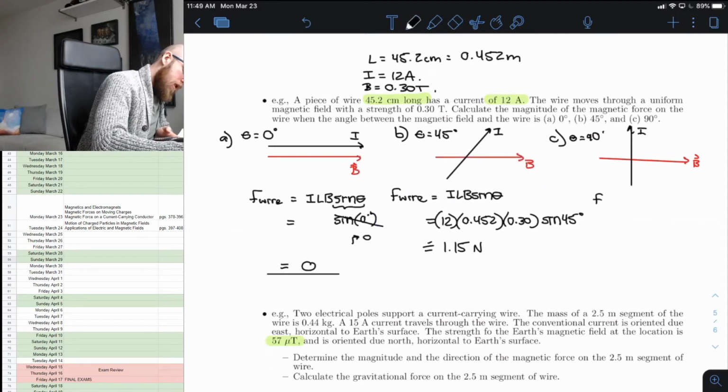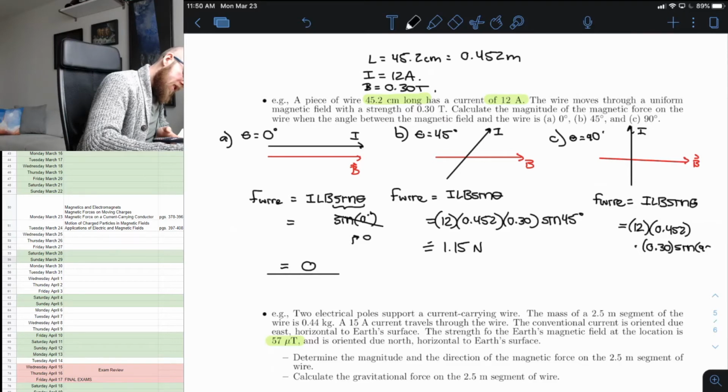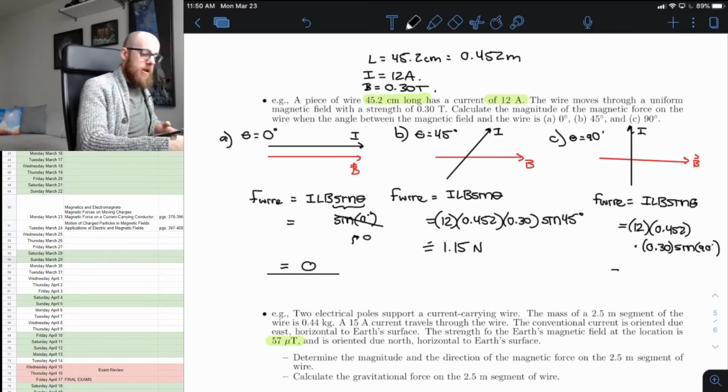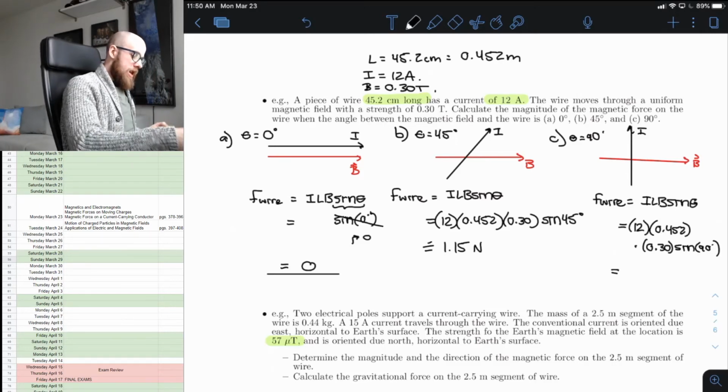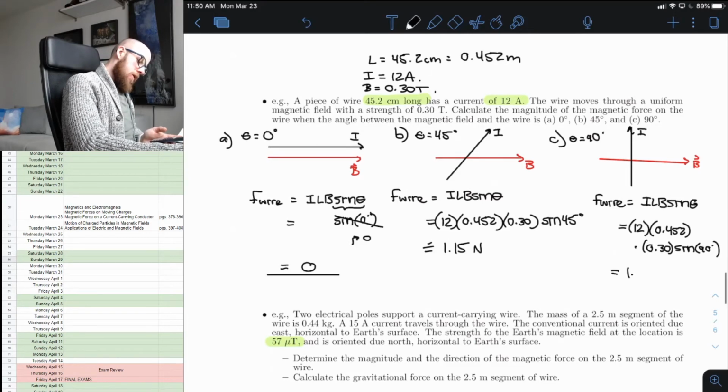So F wire. In this case, sine 90 is 1. So the sine function is at a maximum. So we should expect this force to be higher, and indeed it is. So the force that's exerted on this wire is approximately 1.63 newtons.